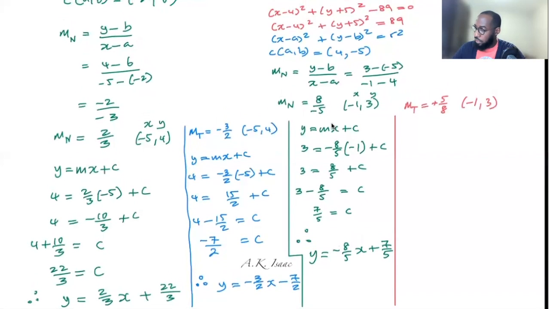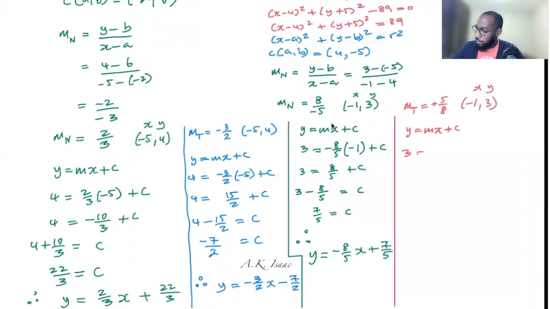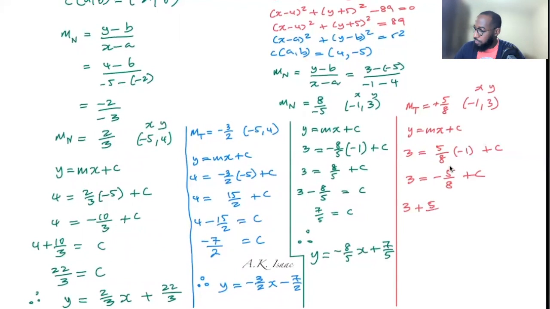And we're using the same point, which is -1, 3. Right? So continuing, y equals mx plus c. This is x, y. 3 equals 5/8 times -1 plus c. All right, just simplifying. So transposing, 3 plus 5/8 is equal to c.